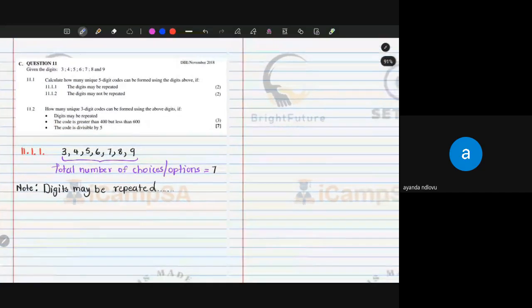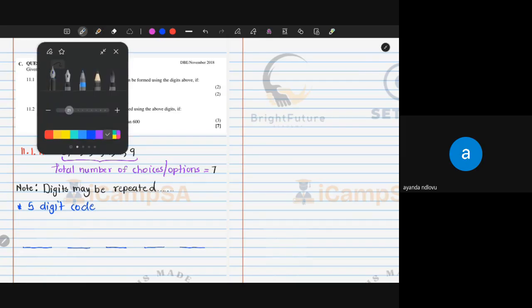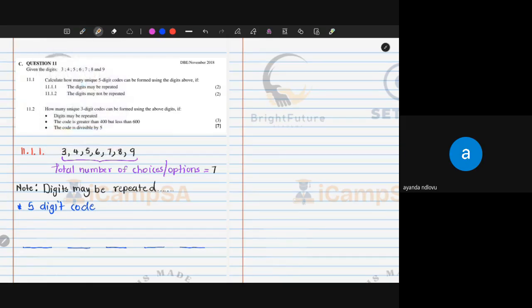But let's start going the long way. Remember that what we are looking for is a 5-digit code. So what that means is we have 5 spaces, 1, 2, 3, 4, and 5. Given that they say the digits may be repeated, the first digit, from how many numbers are we choosing it from?